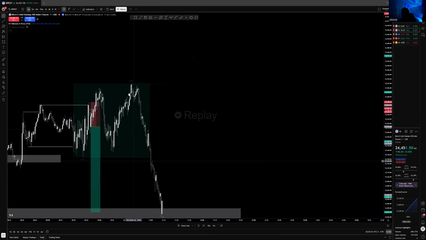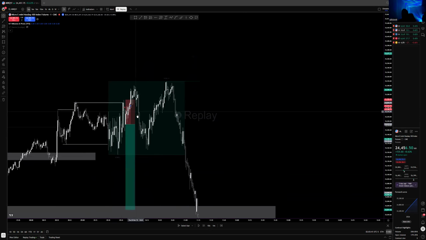But look at that. I don't know why we got stopped out here. But we had this high and I wanted the price to sweep it. It didn't actually sweep out the third candle low, which means price is going to go up.